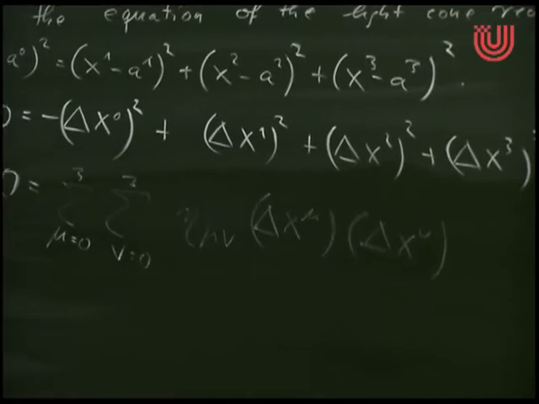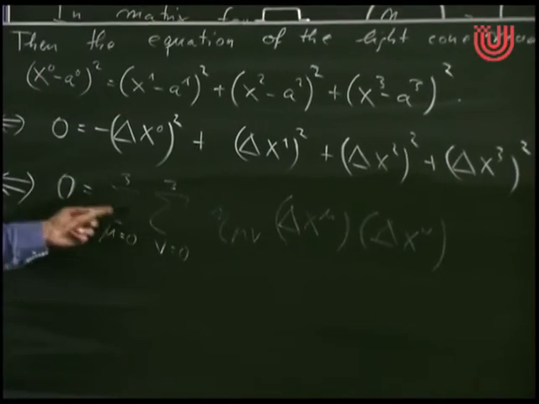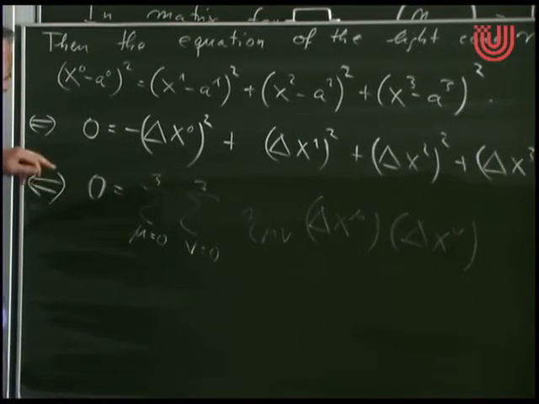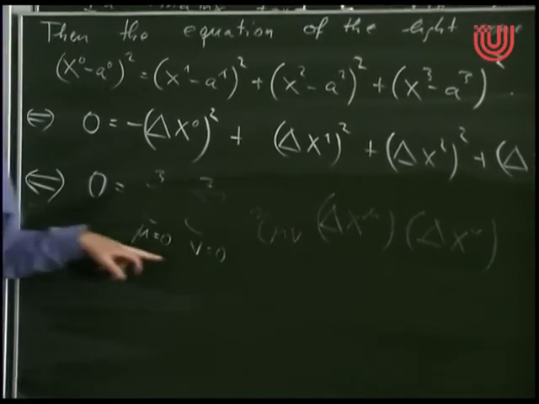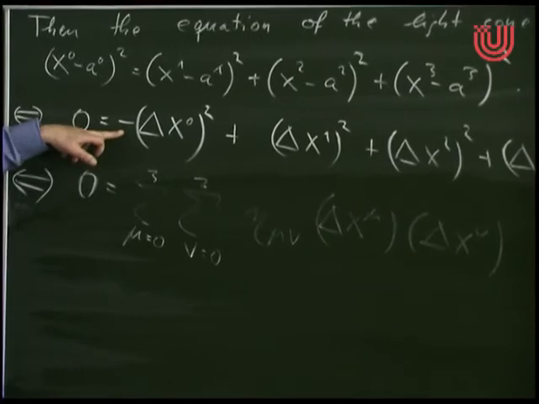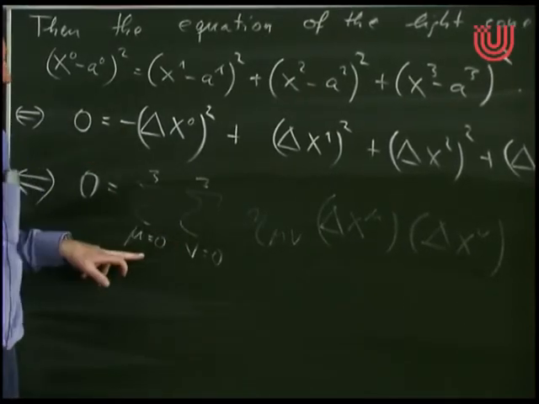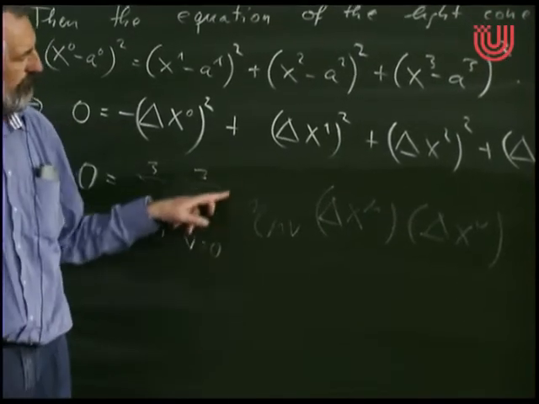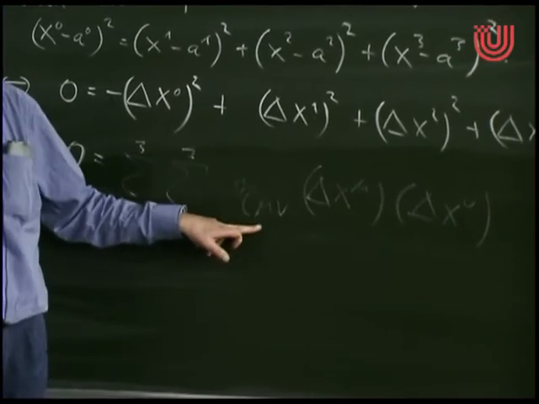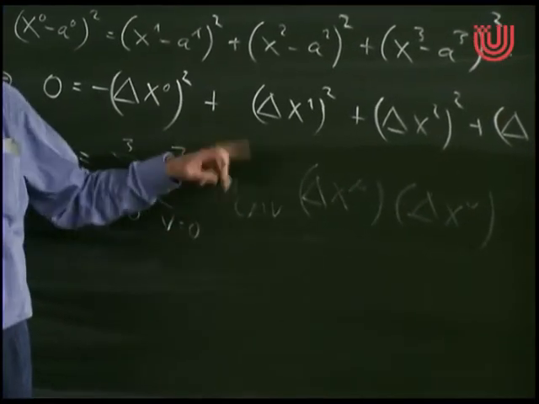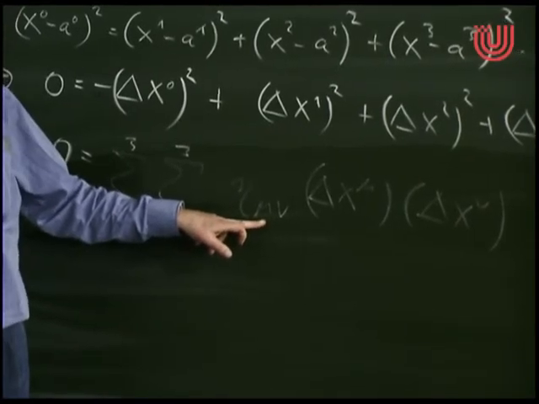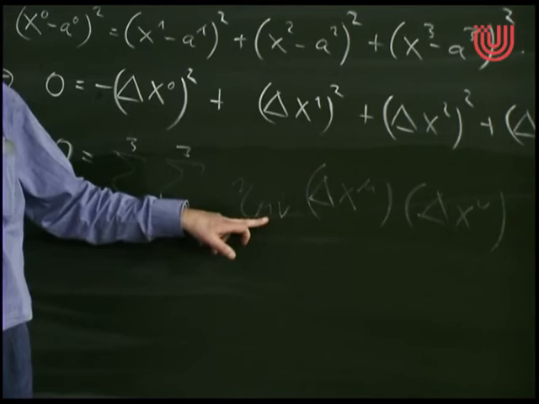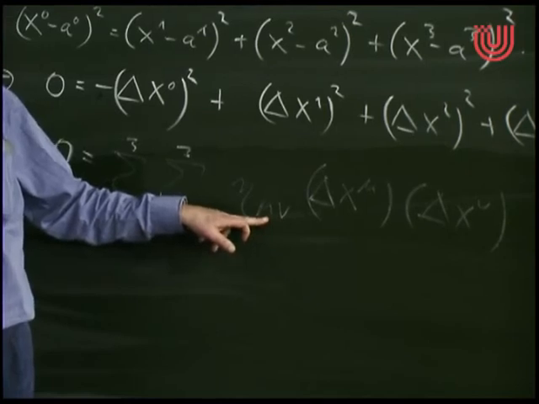So let's check this. Let's calculate from the bottom to the top. So let's start with this expression and see if it really is this here. So you have two sums. You see the eta is 0 if these two indices are unequal. So I only get a contribution if these two are equal. So I have only 4 terms: when both are 0, when both are 1, when both are 2, and both are 3.